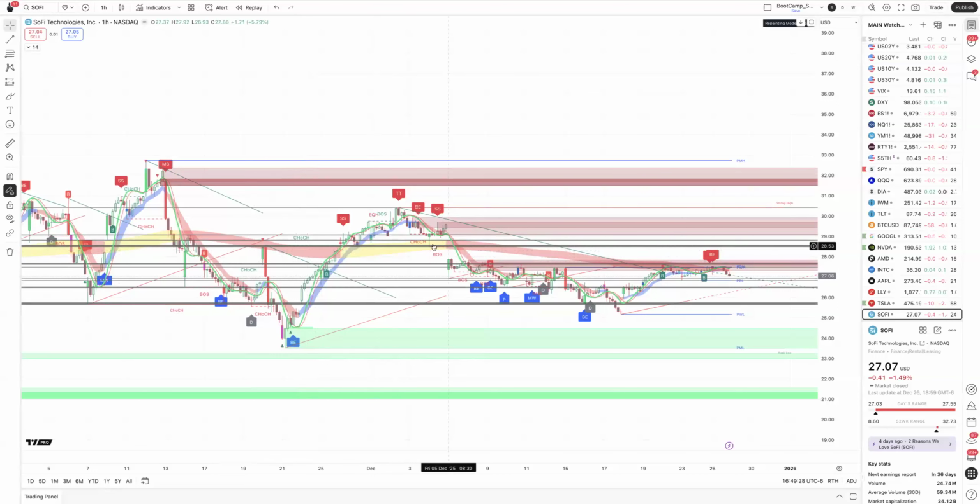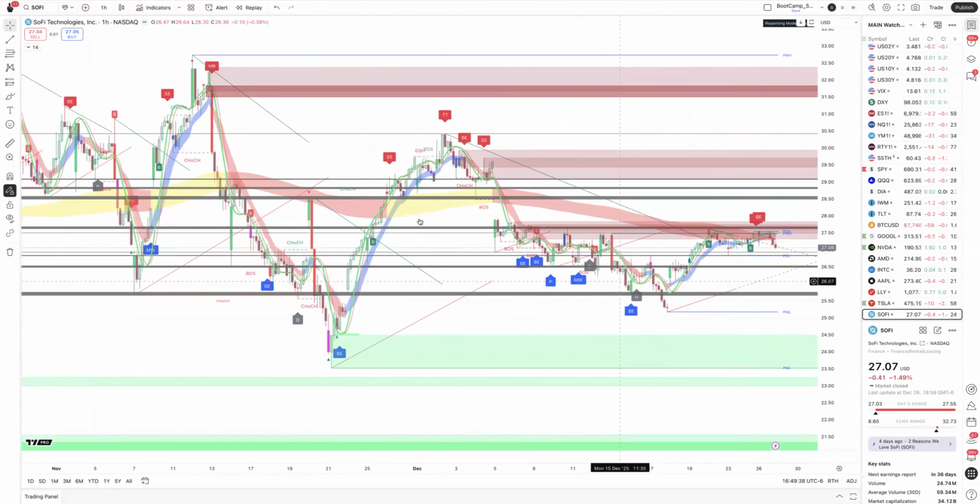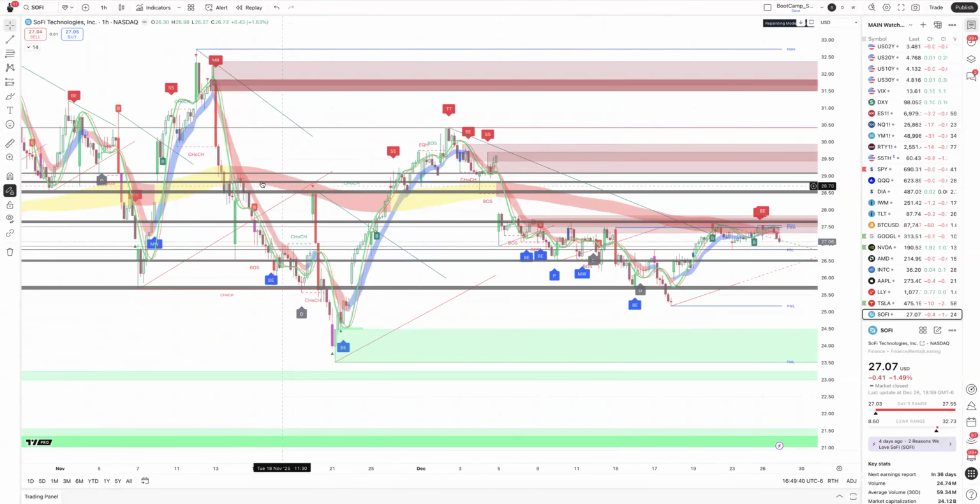And then this 200 cloud, which is the one that flips between red and yellow, shows us if the stock is in a bullish trend or a bearish trend. So just from looking at SoFi right here, we can see that when we're under the 12 cloud, so when this cloud is red and stock candles are holding under it, the stock is in a bearish trend. So what does that mean?